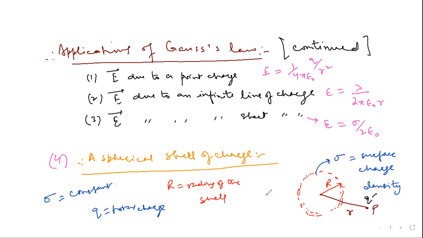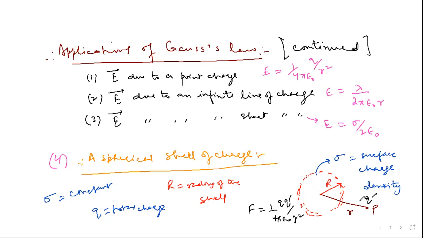That, in other words, means it will exert force on this Q prime charge as if all its charge were concentrated at the center. That means that will be given by 1 by 4 pi epsilon naught Q prime by R square.